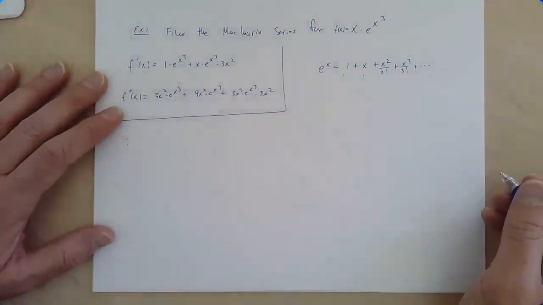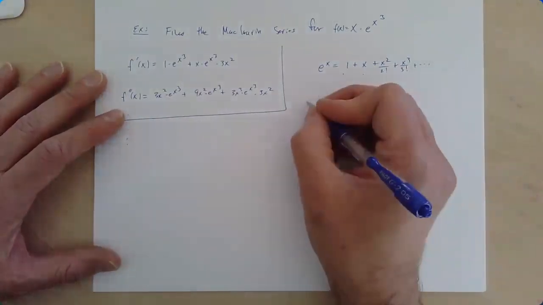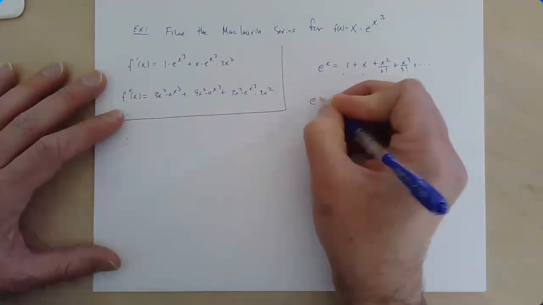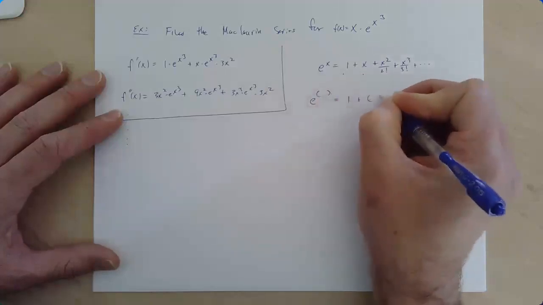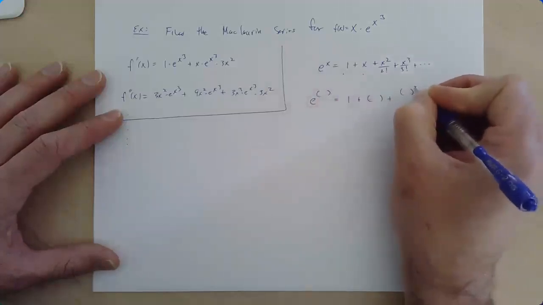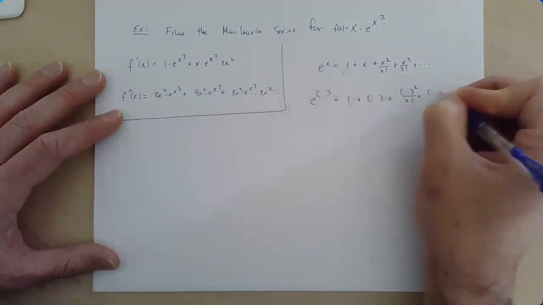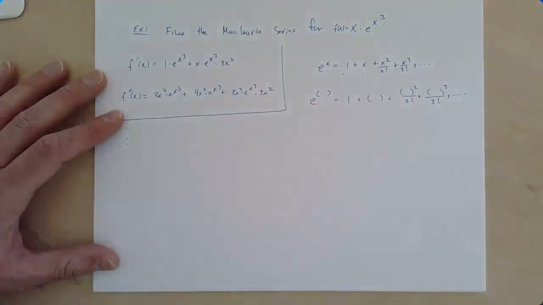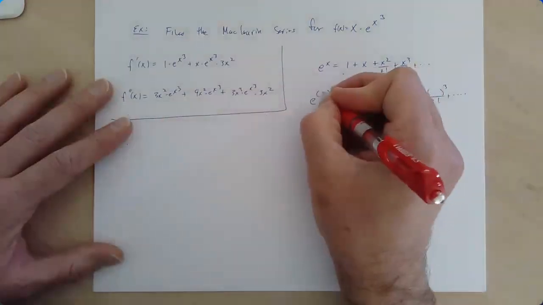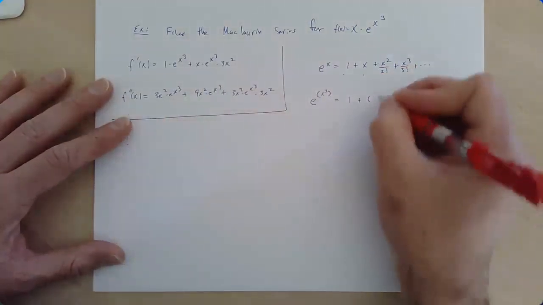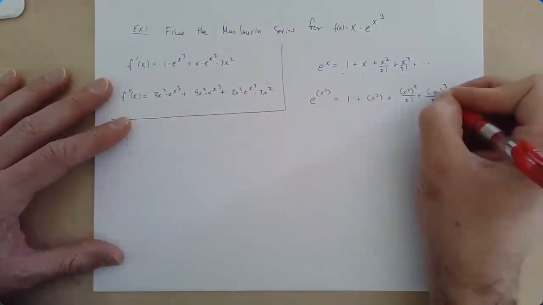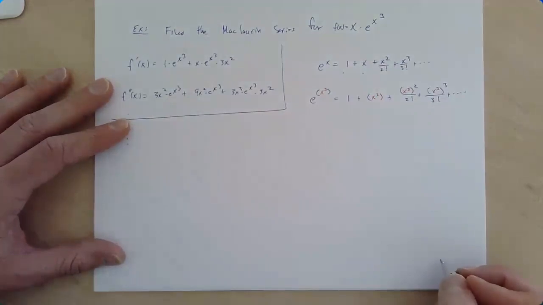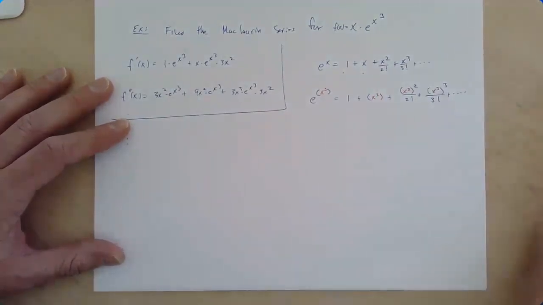So here's e to the x. Well, we can use substitution. I'm going to replace x with x cubed. So e to the x is 1 plus x plus x squared over 2 factorial plus x cubed over 3 factorial, and so on. So e to the x cubed is 1 plus x cubed plus x cubed squared over 2 factorial plus x cubed cubed over 3 factorial, and so on.